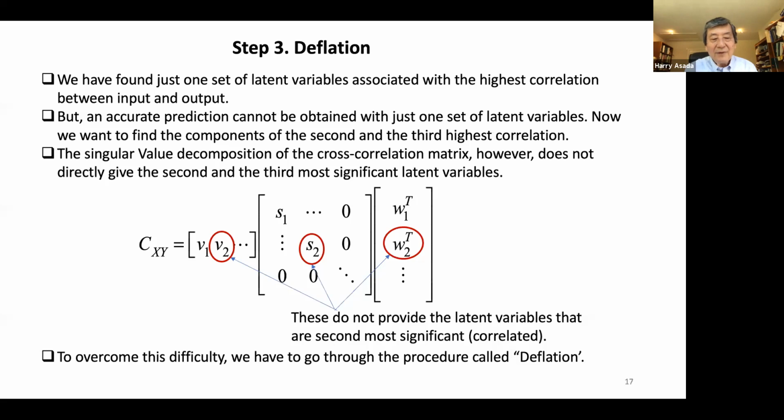We can find somewhat similar but slightly different directions and get better results. So to find the second optimal set, we need to go through a process called deflation.